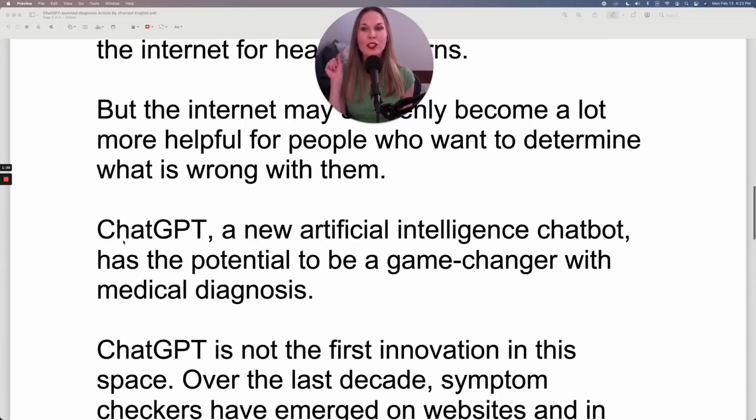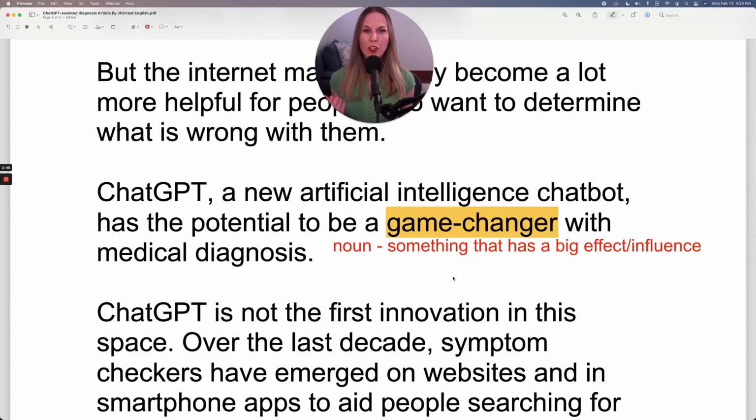Well, remember with ChatGPT, this new artificial intelligence chatbot, it has the potential to be a game changer. This is a really great expression you can look up on Linguistic and create a flashcard for. A game changer is something, in this case the artificial intelligence, that has a big effect or influence.